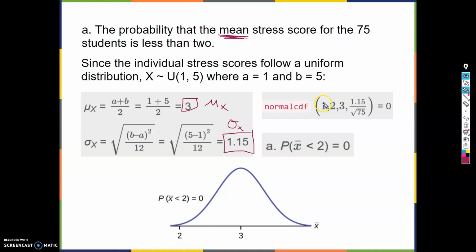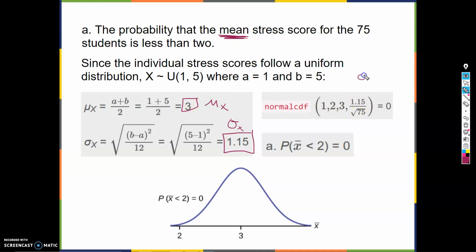If we're doing the mean stress score, so the distribution of the means, we do lower limit, upper limit. 3 is our mean, and the probability is that the mean stress score is less than 2. So lower limit is 1, upper limit is 2 because we're in a uniform distribution. Mean is 3 because the mean stays the same since we're doing means.